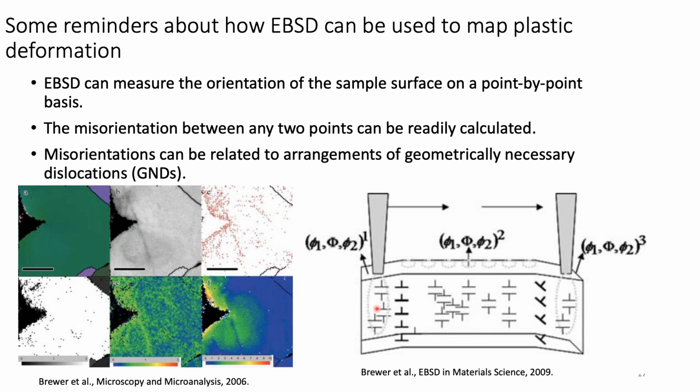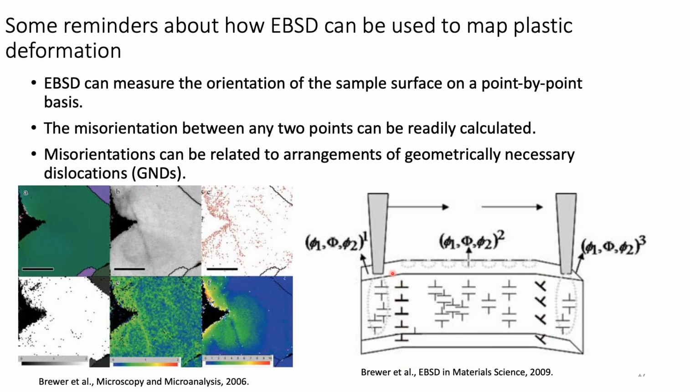Now, GNDs are a continuum mechanics concept, and it says that to describe curvature in a lattice, so a bent metallic or ceramic or any kind of crystalline material lattice, I actually need a set of dislocations to describe how I get from one orientation to another. That's why they're called geometrically necessary. Another way I like to think about it is, if I look at the material from a continuum mechanics standpoint, what is the super Burgers vector that I have?